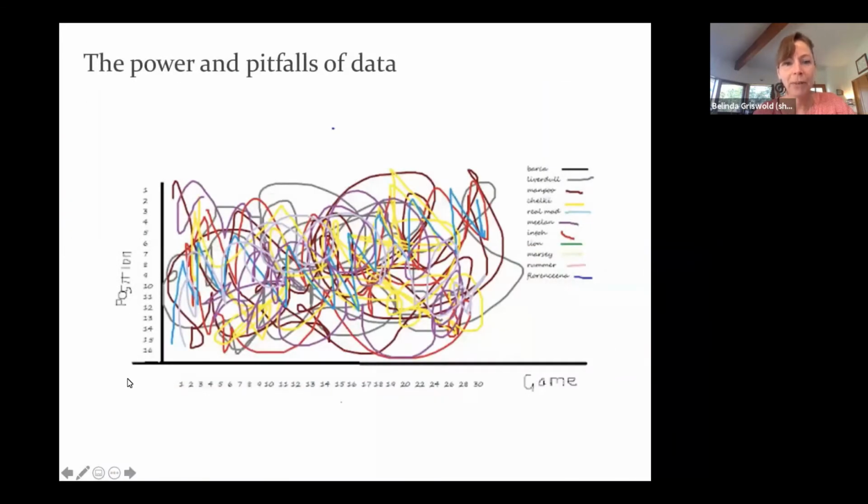I really love this one. I just had to give you a good one. So there are incredibly powerful ways to present data to support a story. And then there are ways to just confuse the hell out of people. This is obviously a ridiculous, this is a real, by the way, this is real data.